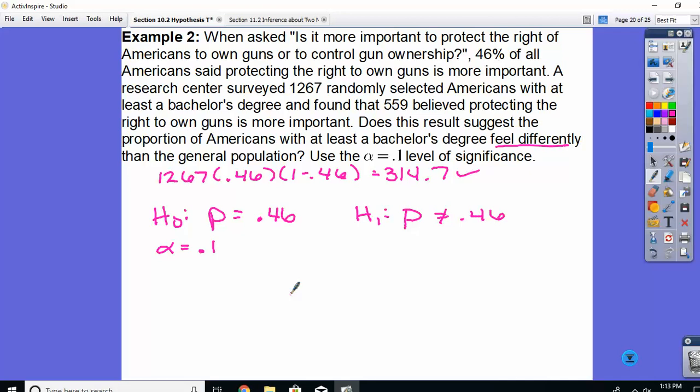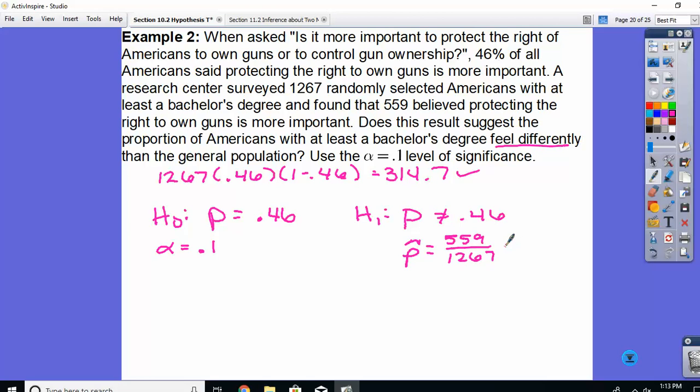on the calculator. So you go stat, test, number 5. My p-value here is 0.46. I'm creative. Same thing twice. My x value, when I'm finding my p-hat, how many people said yes, they believed? So my x is 559. My n, 1,267.